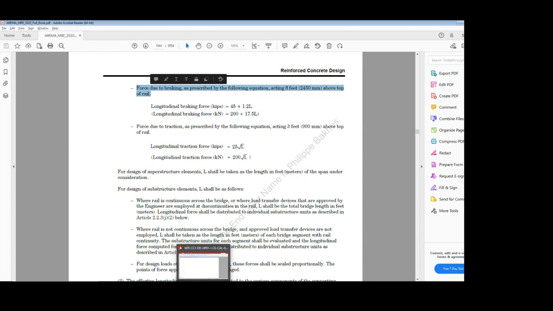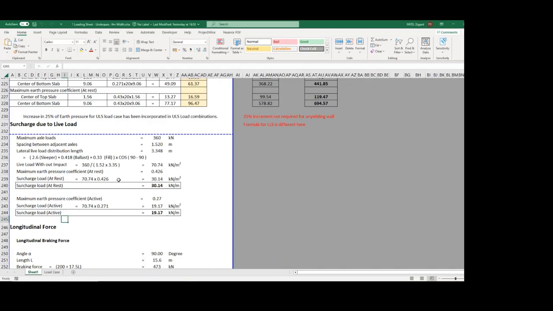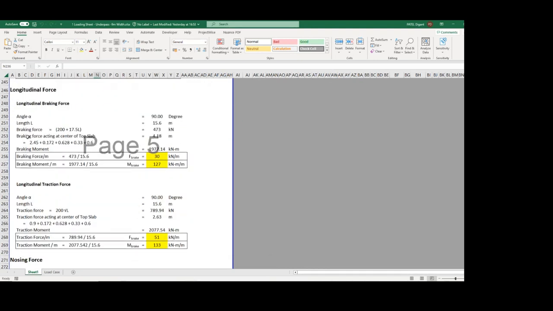So basically we have modeled the structure center to center, so we have to add the rail, ballast and fill, and half the thickness of the top slab, and then we get the distance between the application of this braking or traction force and the center of the top slab.